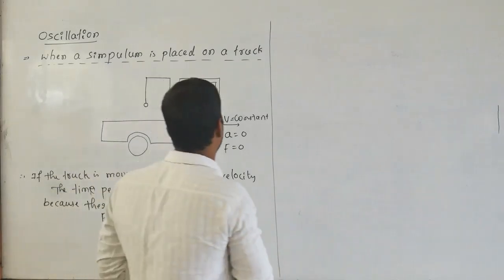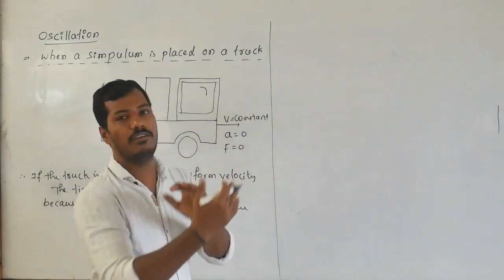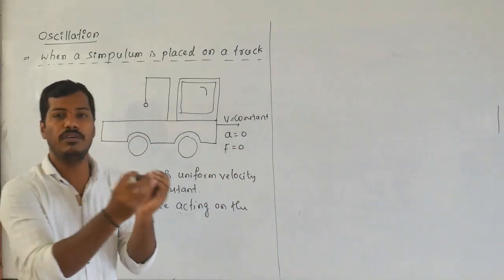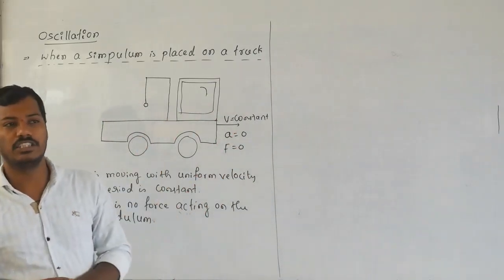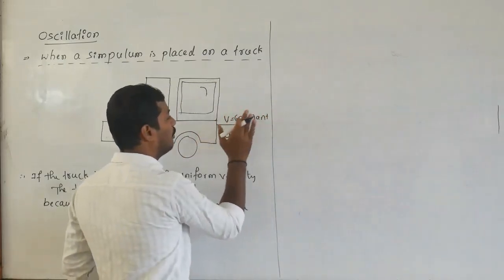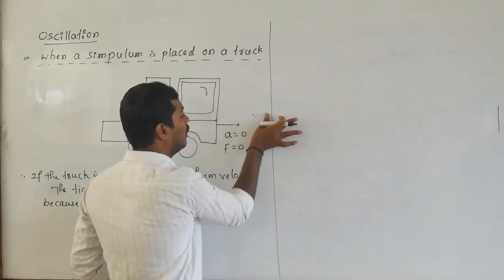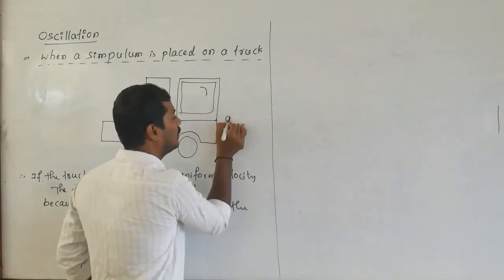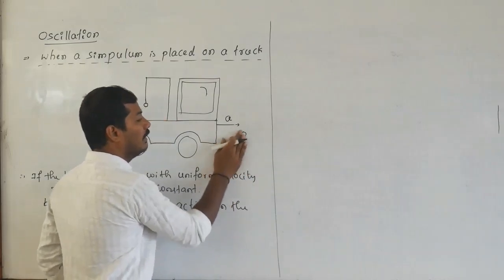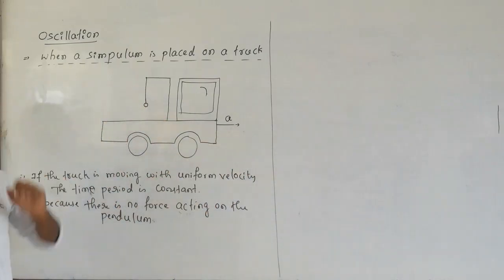The next thing is, if the truck is moving with different velocity, or with some acceleration. Okay. Next part is the second part. If the truck is moving with some acceleration a, now there is a pseudo force. There is a force acting on this pendulum.